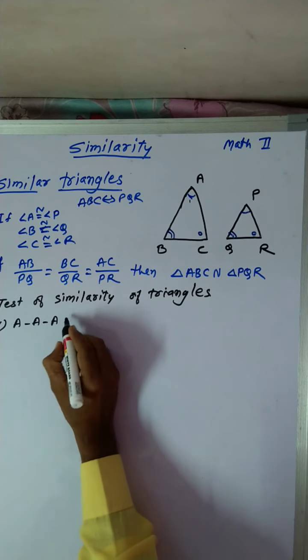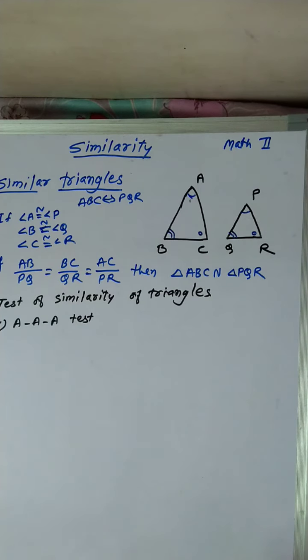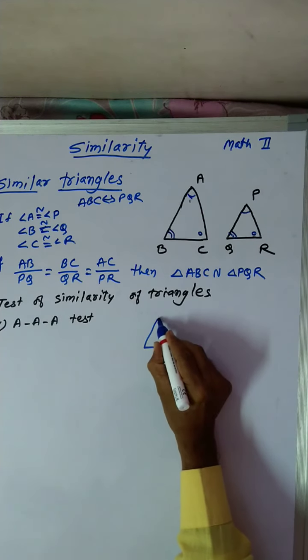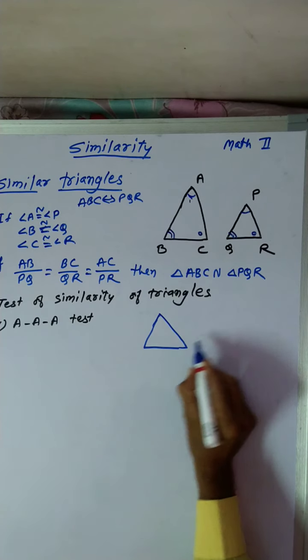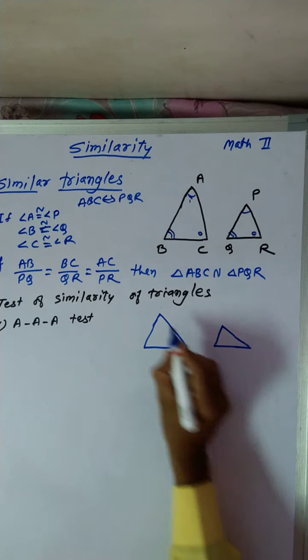AAA test of similarity. What is the AAA test? Suppose we get two triangles, triangle ABC and another triangle DEF.